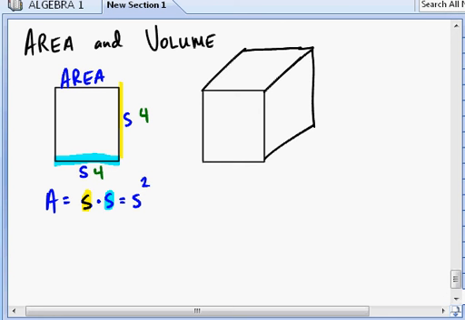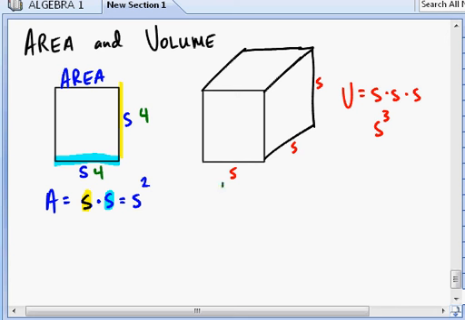Okay, volume, it's real similar, but since there's 3 dimensions, there's 3 numbers to multiply. It's this side, the front width, this side, the depth, and then this side, the height. So volume is going to have 3 numbers. Volume is S times S times S. S to the third.